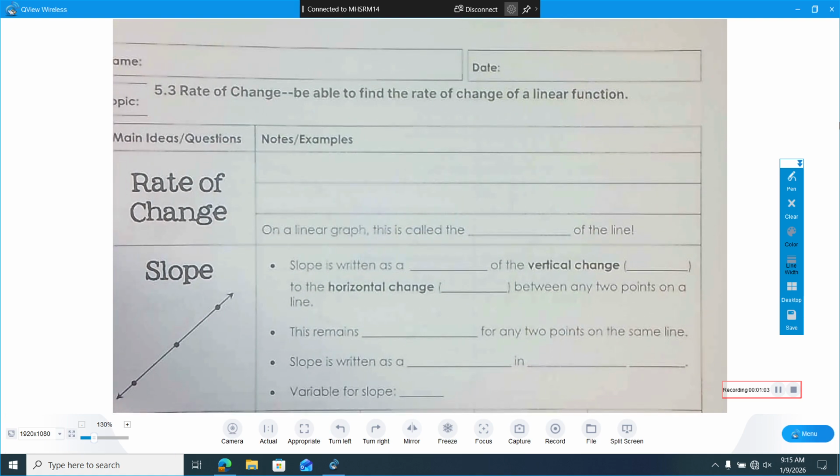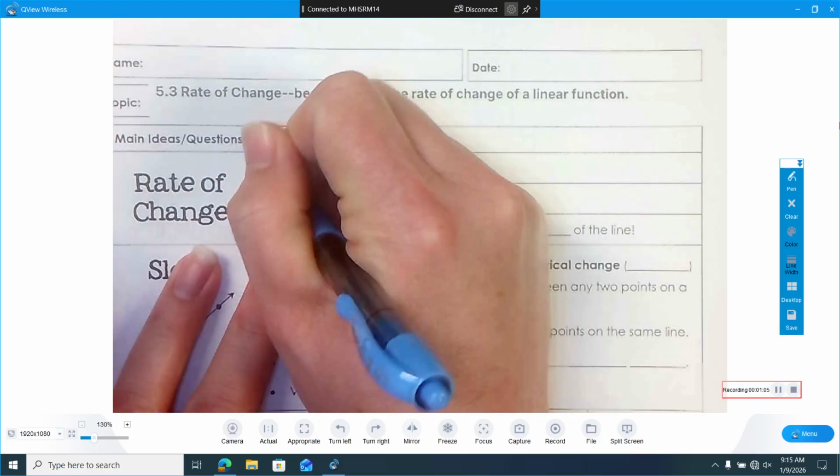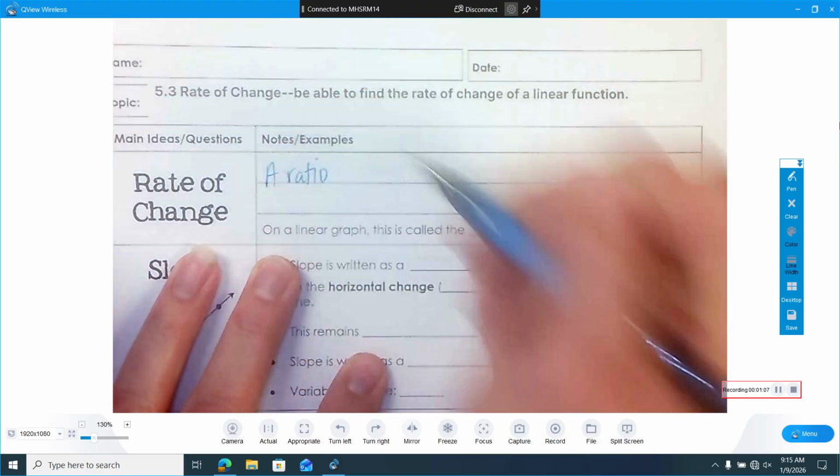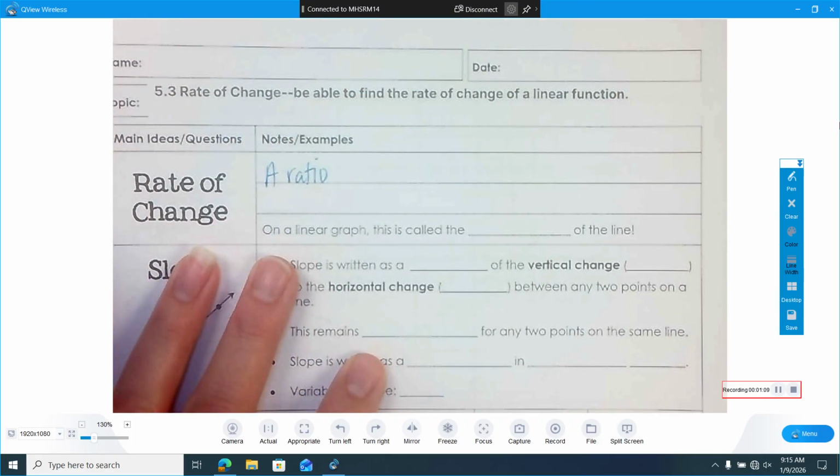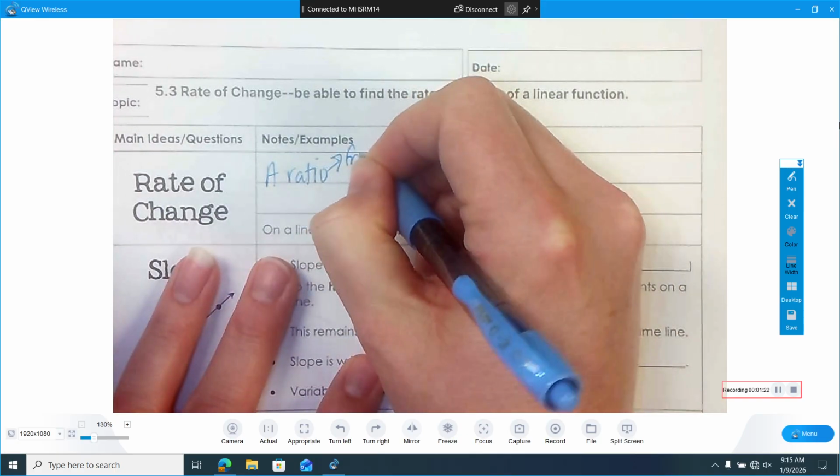So rate of change is a ratio. What's a ratio? Just a fraction. Yeah, just a fraction.